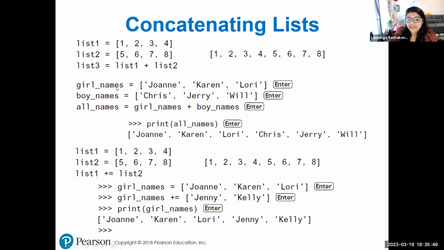Earlier you were having two different lists assigned to variables, but instead you're just directly concatenating a list itself. Girl names is a list, as we know from the first statement here. Plus equals a list with two other names. So when you print girl names now, it is no longer just Joanne, Karen, Laurie, but it also has Jenny and Kelly as its elements.